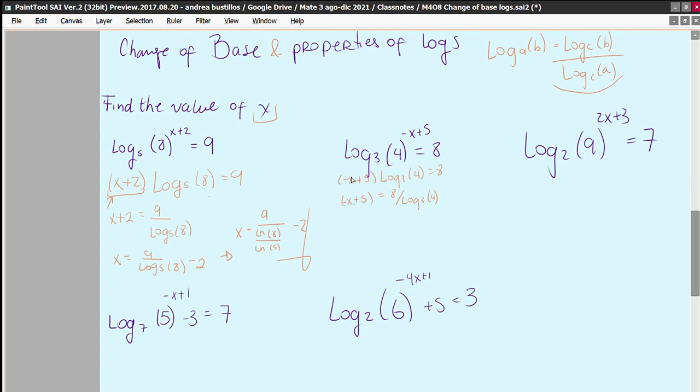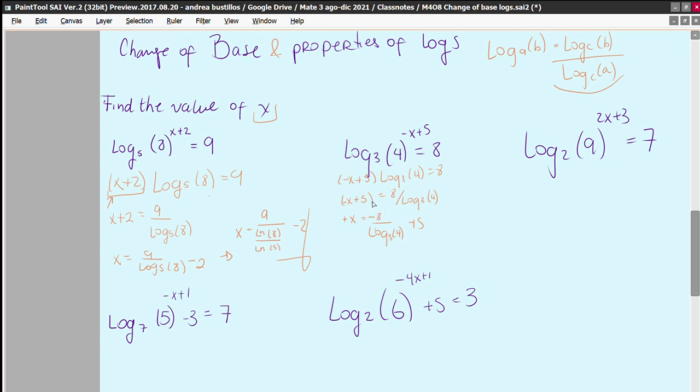And then, because this 5 is getting in my way, I'm going to pass it to the other side. Lastly, this x is negative and I want everything to be positive, so I'm going to multiply everything times minus 1 to make it positive. So this is plus, this is minus, and this is plus.